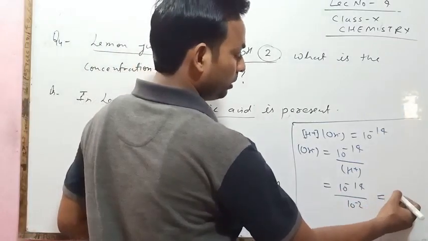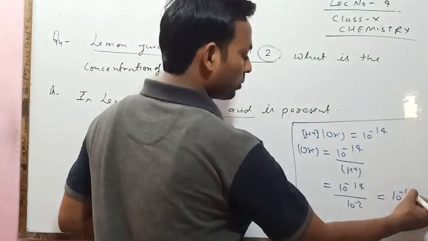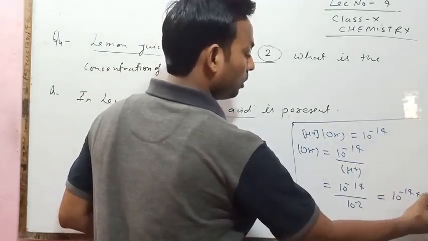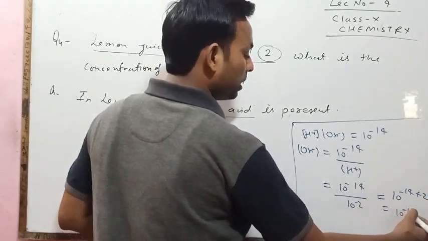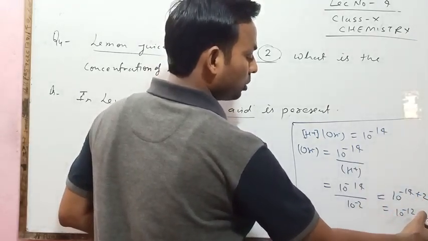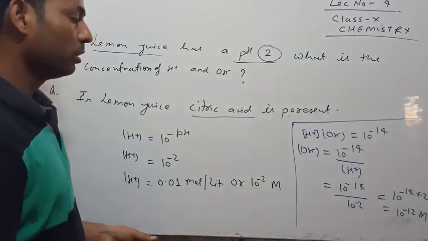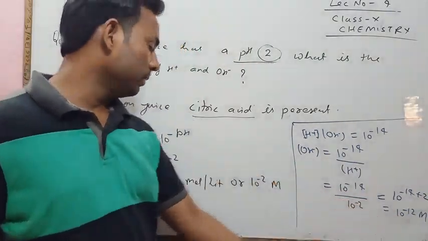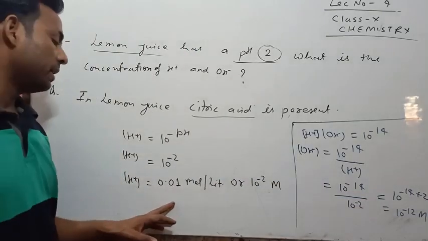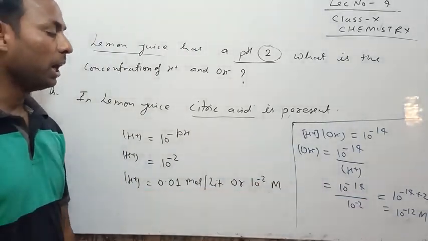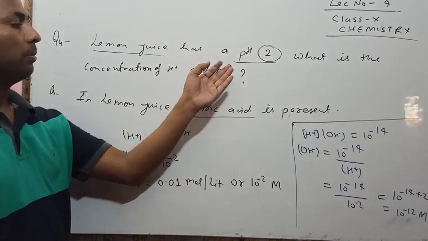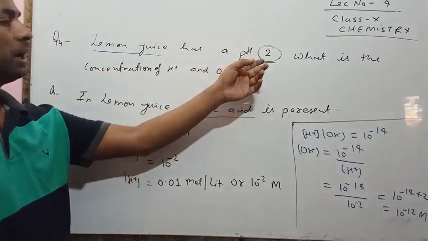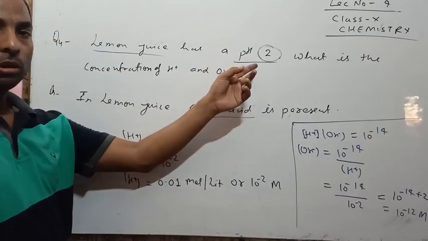So after solving, the answer will be 10 to power minus 14, this goes up plus 2, so 10 to power minus 12, 10 to power minus 12 M. So concentration of OH ion is 10 to power minus 12 M, and concentration of hydrogen ion is 10 to power minus 2 M of the lemon juice solution which has pH 2.